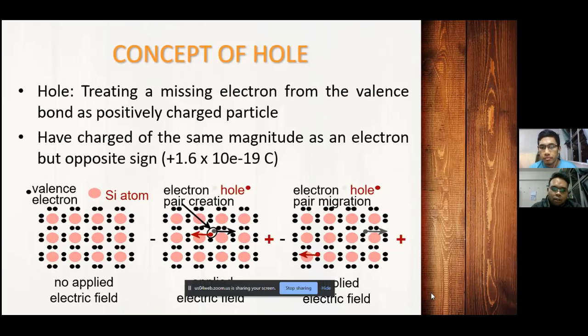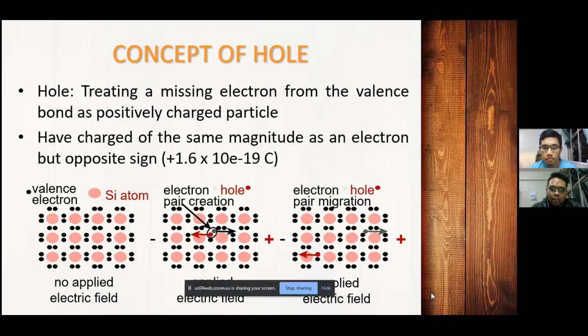This process is expedited by treating a missing electron from the valence band as a positively charged particle, called a hole. A hole is considered to have a charge of the same magnitude as that of an electron but of opposite sign, which is 1.6 times 10 to the power of negative 19 coulombs.